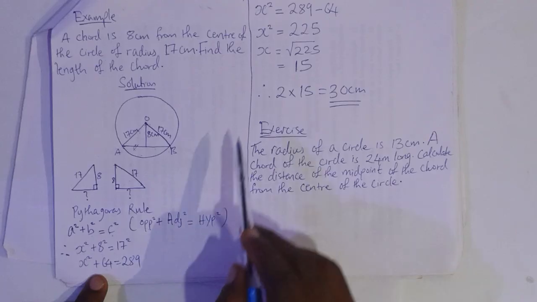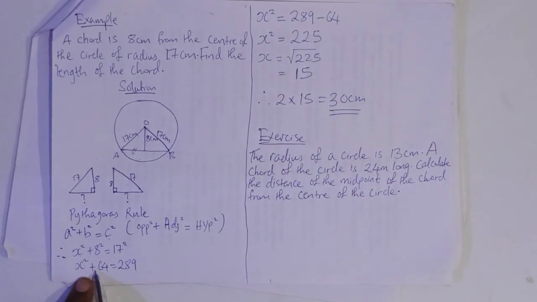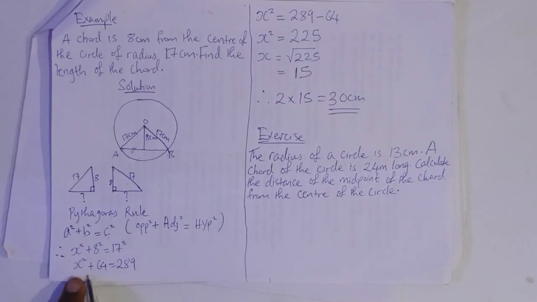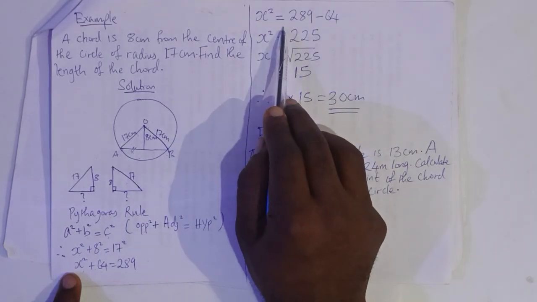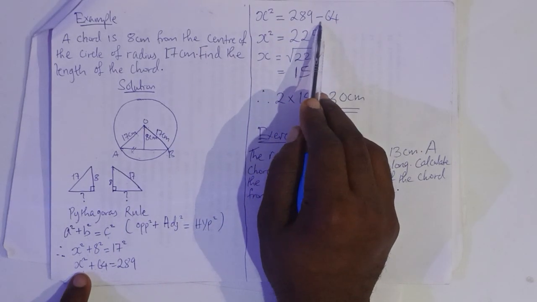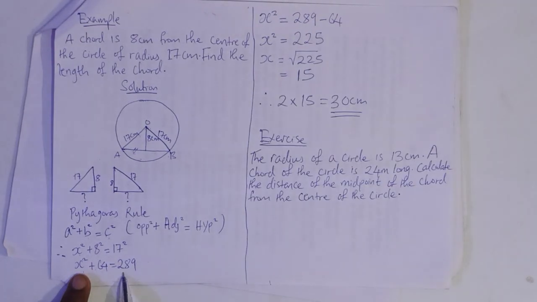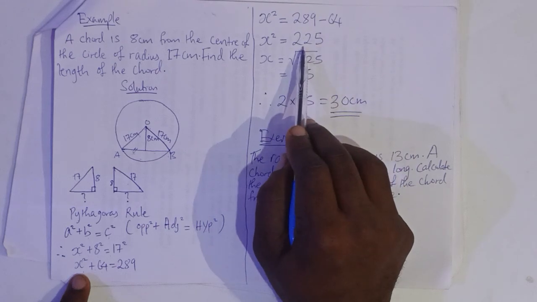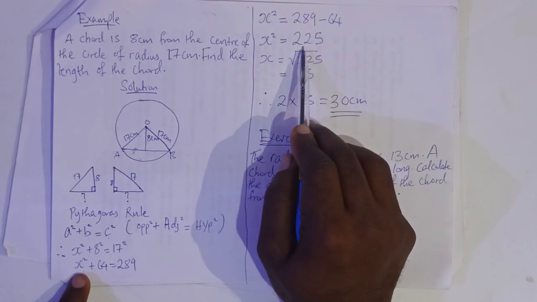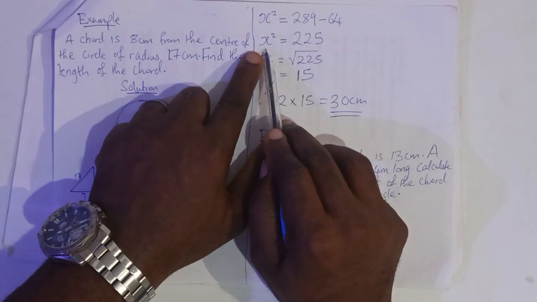I'm going to take my plus 64 and bring it over here so that my x squared can stand alone, because it's x I'm looking for. So I'll make it the subject of the equation. I have x squared equals 289 minus 64, which gives me 225.